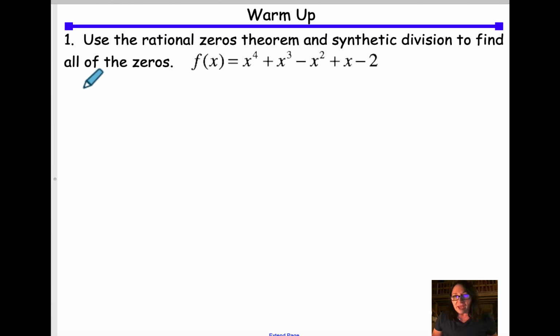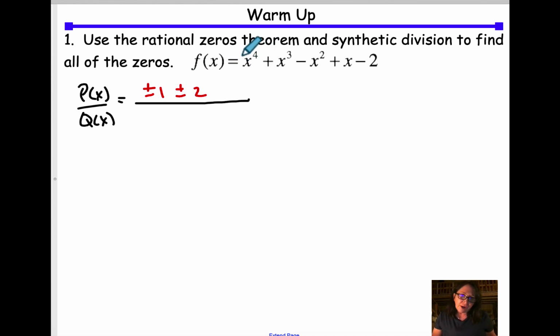So you would write it like this, P of x over Q of x, and these are just to find the rational zeros that could be possible values. Okay, let's try to make that straight. So you would take all the factors of -2. The factors of -2 are plus or minus 1 and plus or minus 2. And then the factors of the coefficient of the highest power, which is 1, are just plus or minus 1.